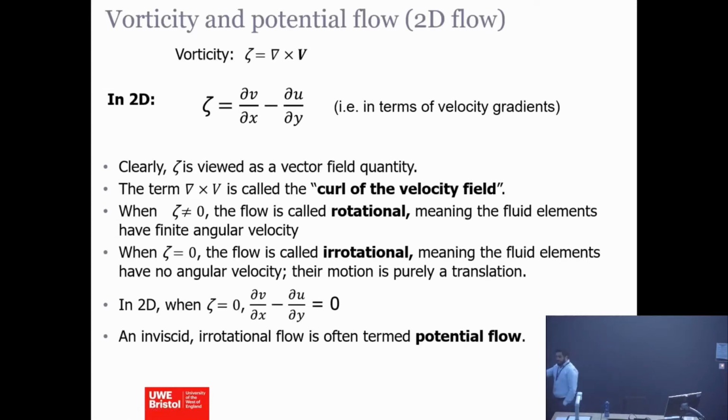Now, how do we go from these concepts to potential flow? Well, potential flow is just a name for a flow which is both inviscid, i.e., viscosity is zero, and also irrotational, where vorticity is zero. Is everyone clear? So you've got two very important things there: no viscous effects, and vorticity is zero.